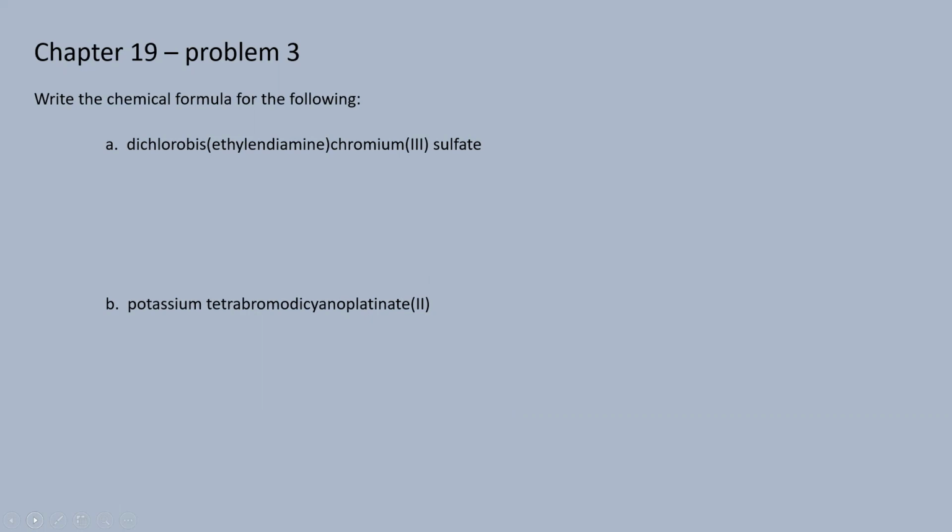That's definitely a mouthful. But the first thing I want to point out is there's a space between those two words. So the first word is the cation. The second word is the anion.